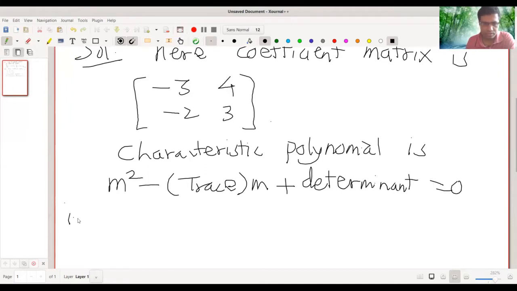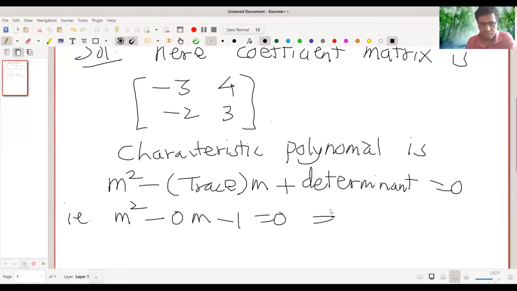The trace is 0, and the determinant is minus 9 plus 8, so minus 1.